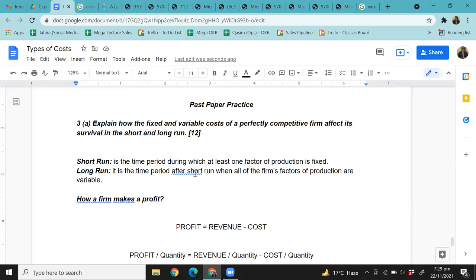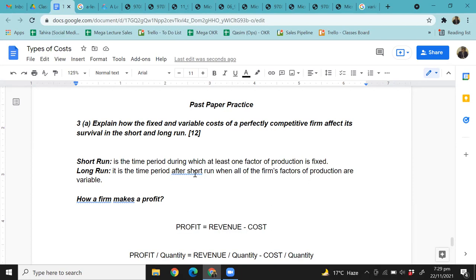The example that we discussed for perfectly competitive market was agricultural goods. Why is the agricultural market a good example of a perfectly competitive market? Because if you think yourself, there's no branding, every product is the same. So whether you buy wheat from one city of your country or from the other city of your country, it will taste the same as long as it is produced in your own country, right?